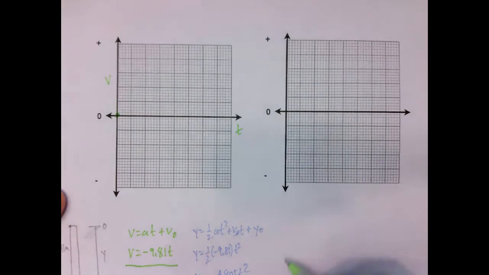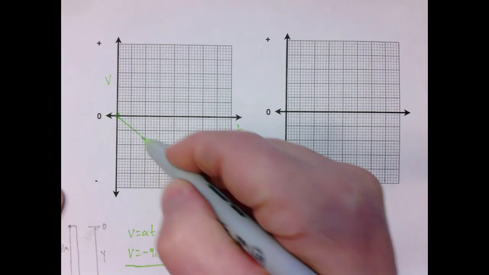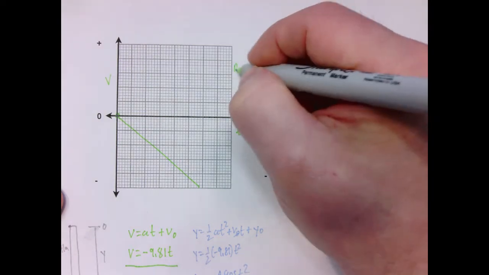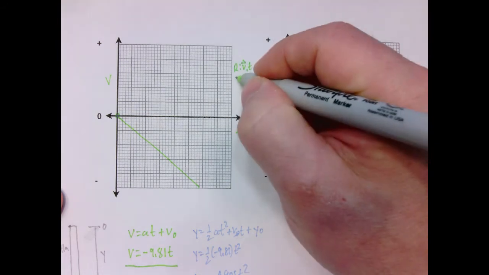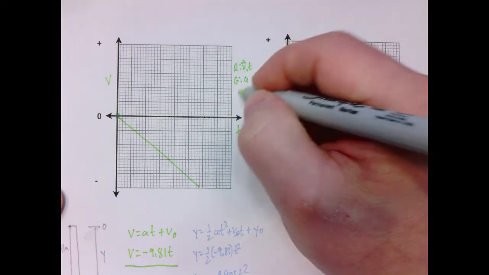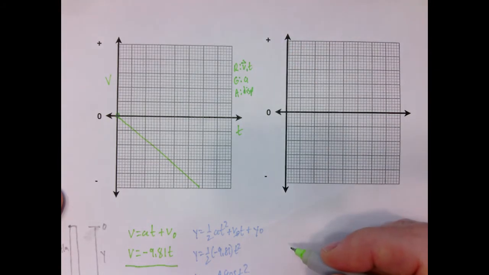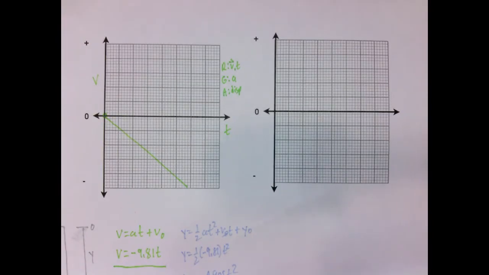But we can see it has a negative slope, a negative 10 slope, so it's going to look like this. Acceleration is negative 9.81. Again, we can read velocity and time. The gradient is the acceleration, and the area is the displacement, delta x. So that's what the velocity time graph looks like.